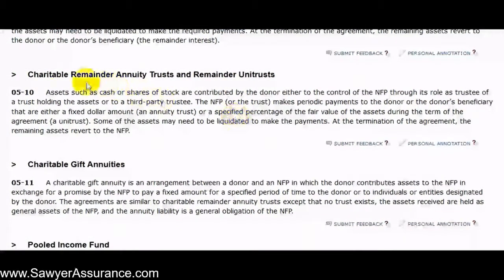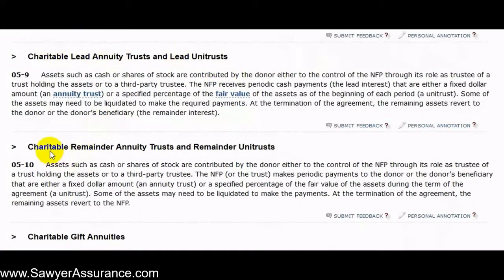Now we get down here to the charitable remainder trusts, and just like before, we have the annuity version and the unitrust version. Just like in the charitable lead trust, we have some assets donated by a donor into a trust, and then the trust pays out payments to a beneficiary throughout the term of the agreement. And just the same as before, the annuity trust is fixed dollar payments throughout the agreement, and the unitrust is a percentage of the fair value of the assets paid out periodically.